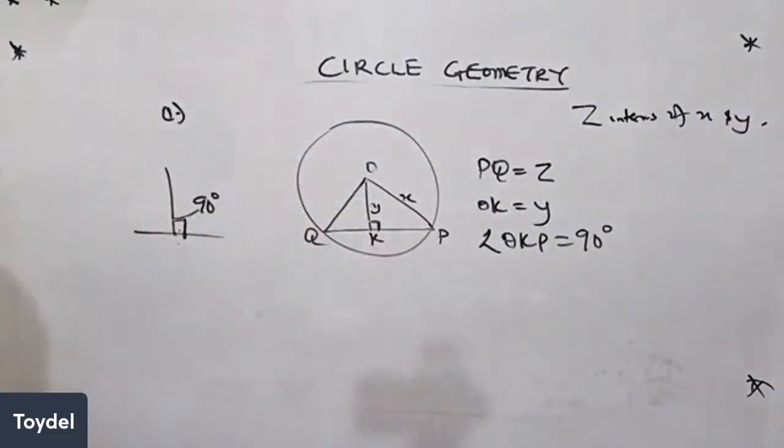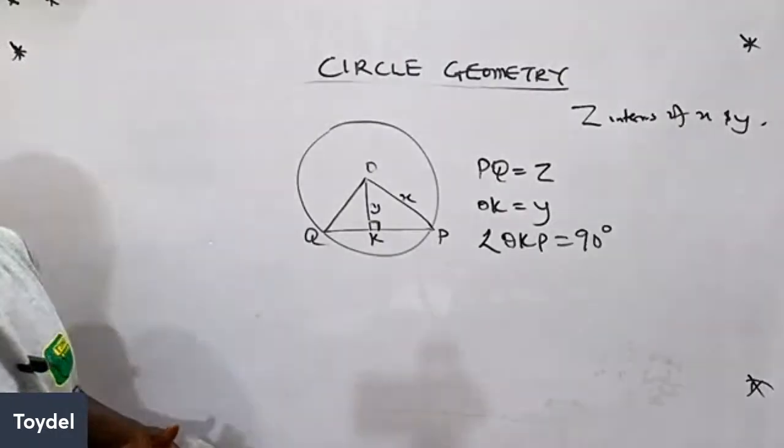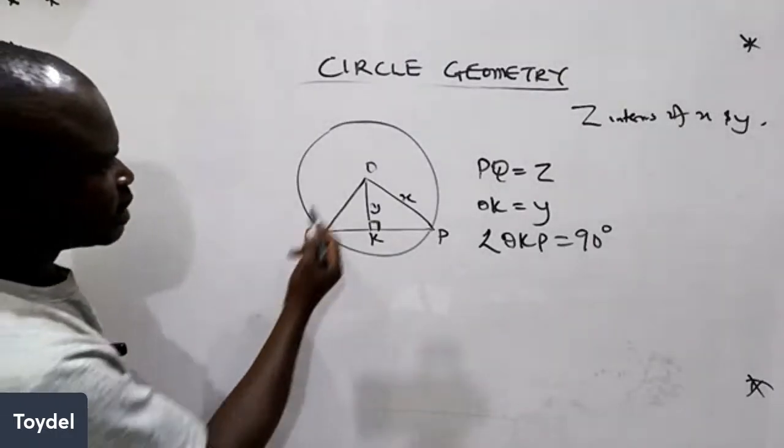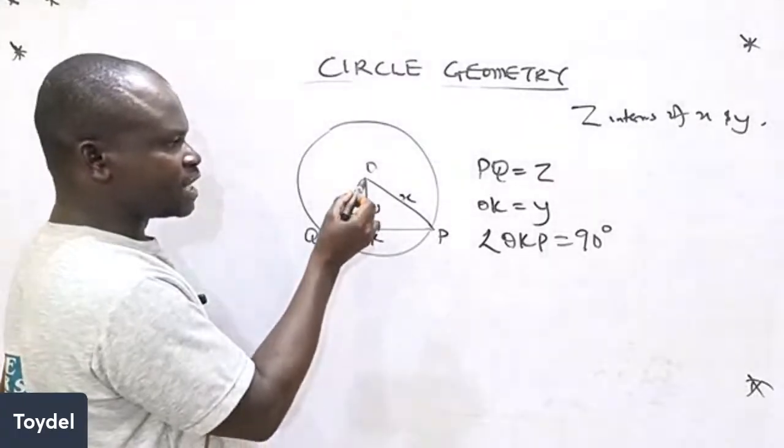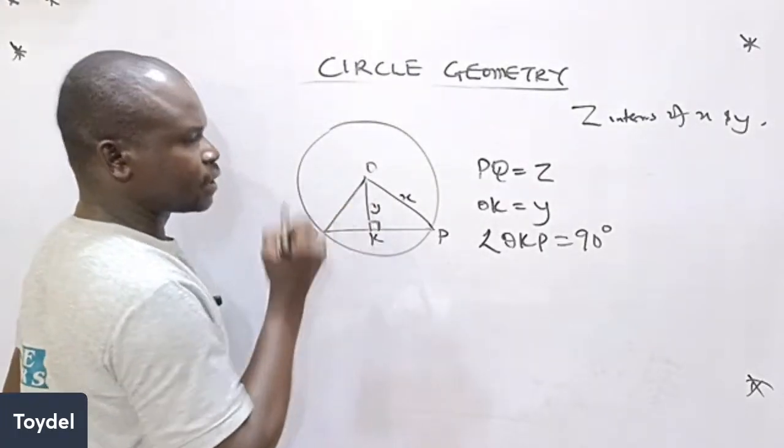So what do we do here? Look at the board. Okay, we are going to look at the theorem now. What does the theorem state? In this place now, we are given the distance from the center of the circle to this point to be y.